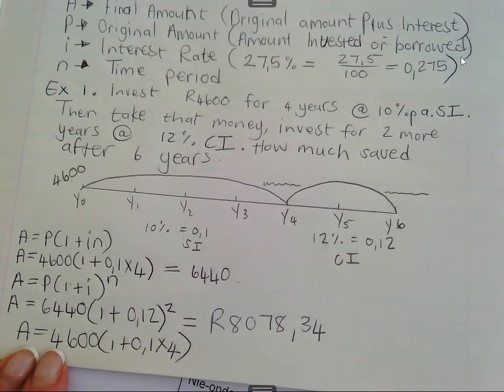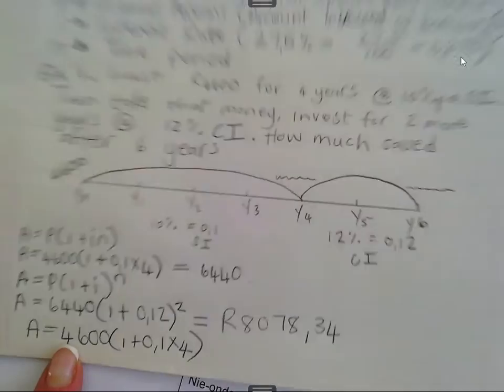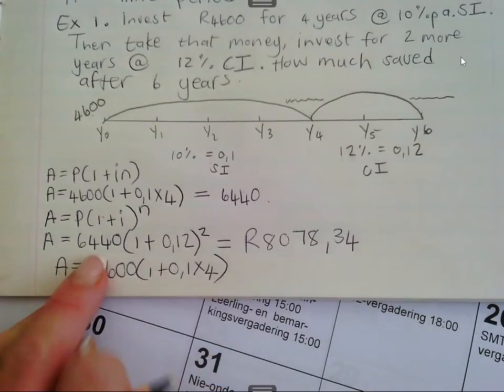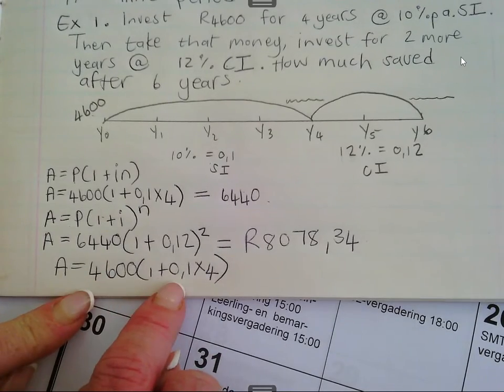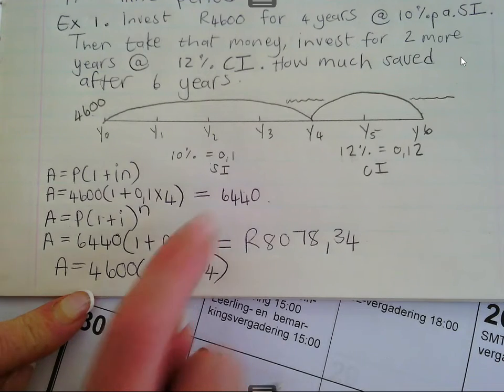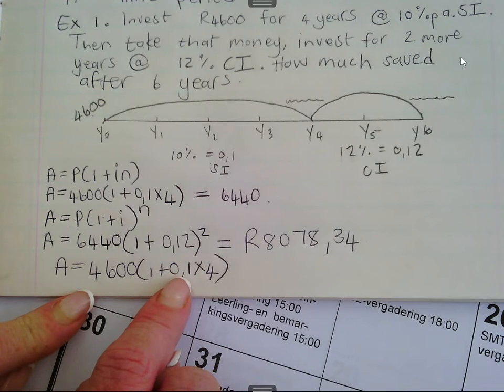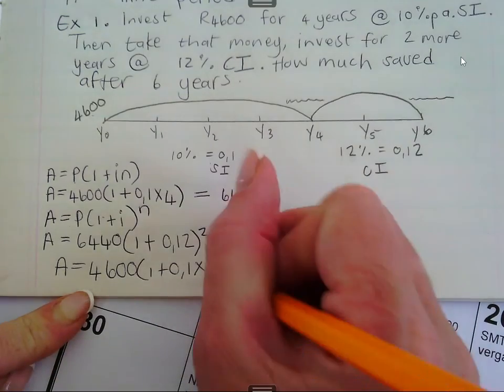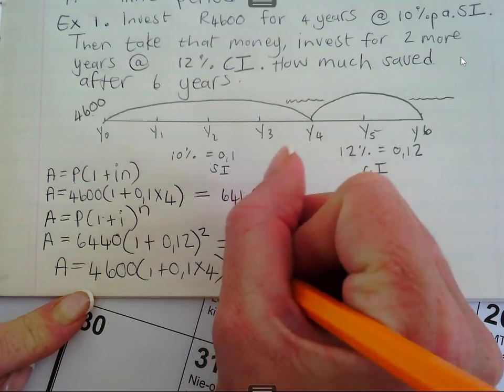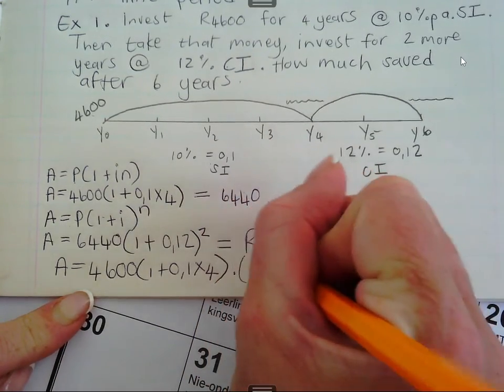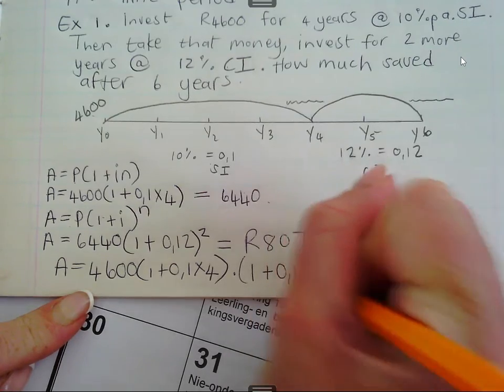Do you agree when I say that the answer of what I've done here is 6,440, no? And then we took that 6,440 and we multiplied it with 1 plus 0,12, close the bracket square.